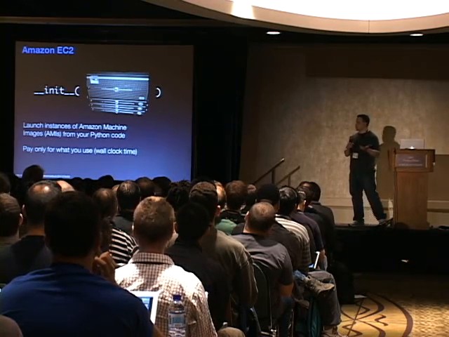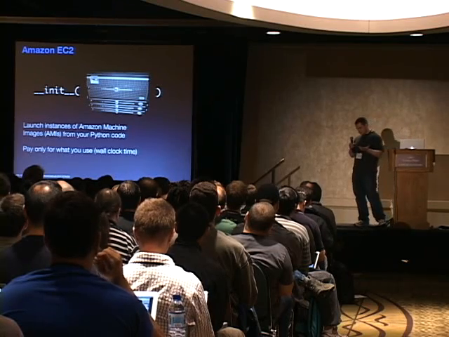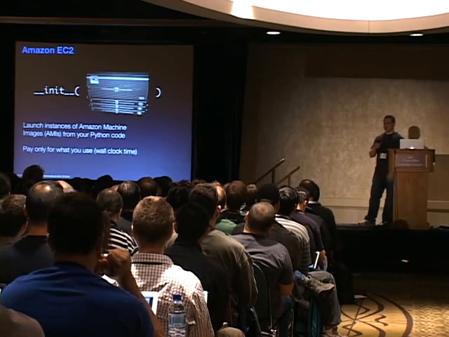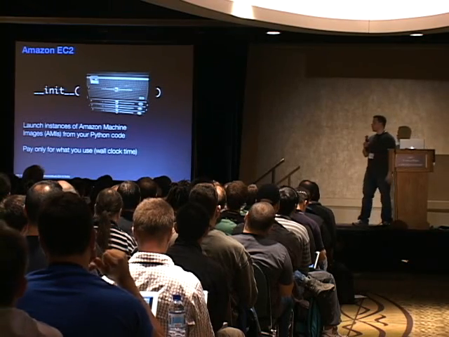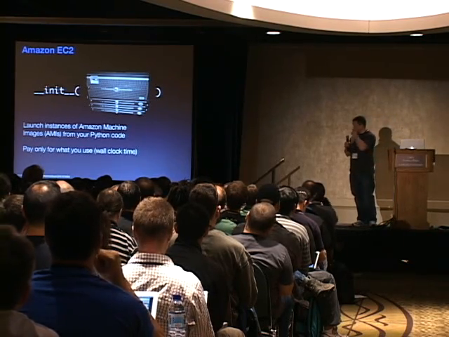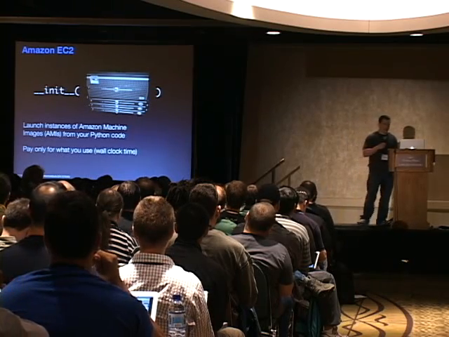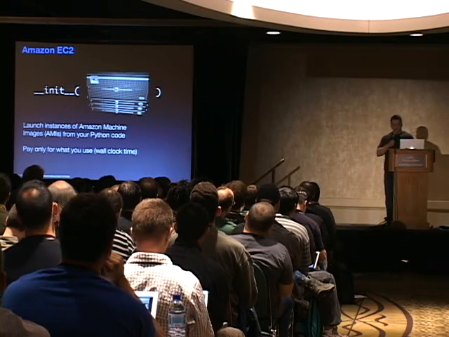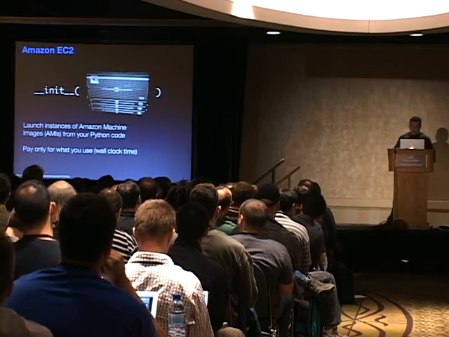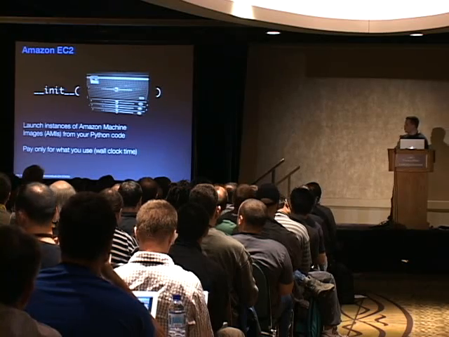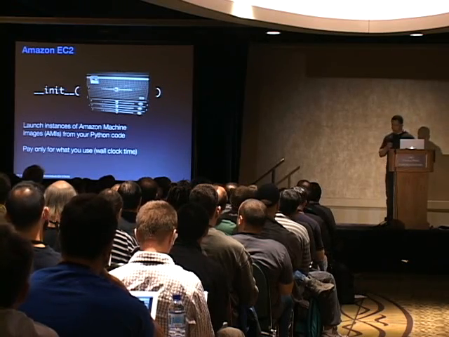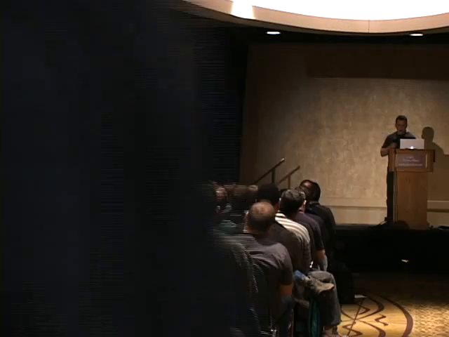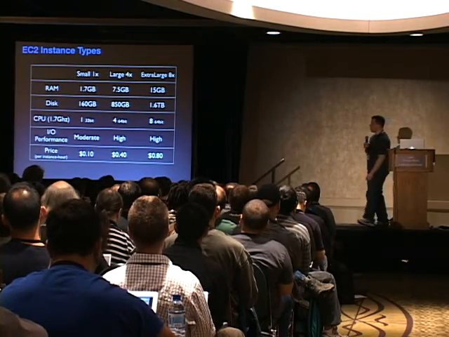So with Amazon EC2, the idea is that they have all these spare cycles. They built up all this infrastructure to handle the peaks on holidays for their websites, and they wanted to rent it out, and obviously it's taken off. Everybody's into it, and it makes it really easy. You can just access a web API and dynamically launch instances and cluster them together. And here are some details.